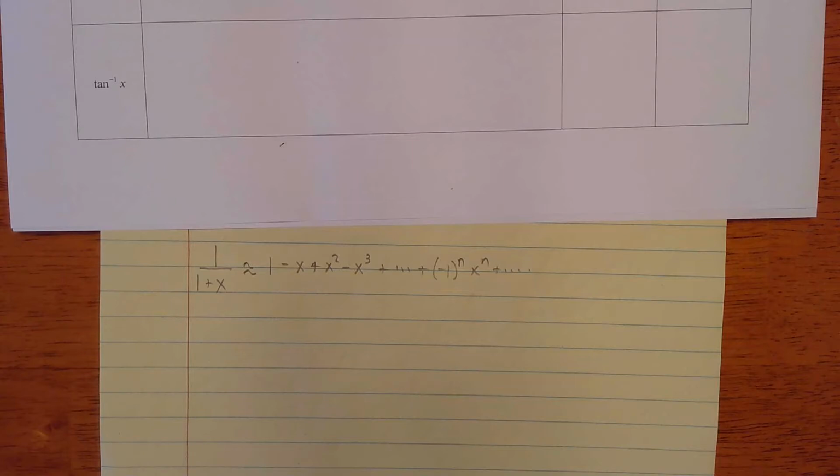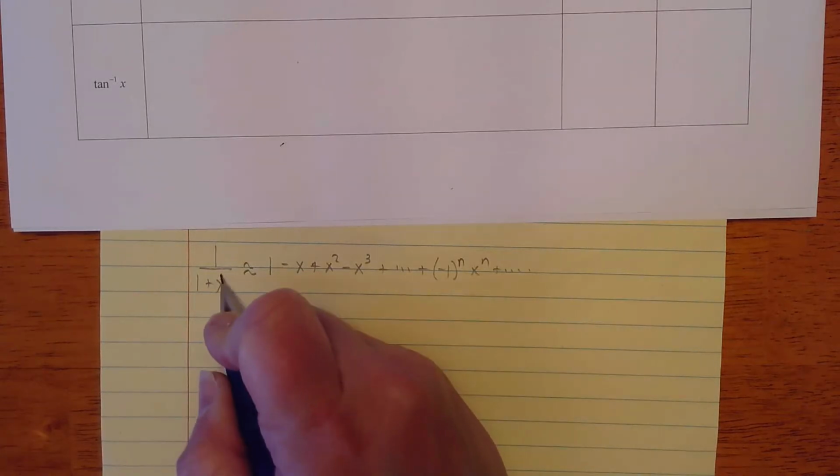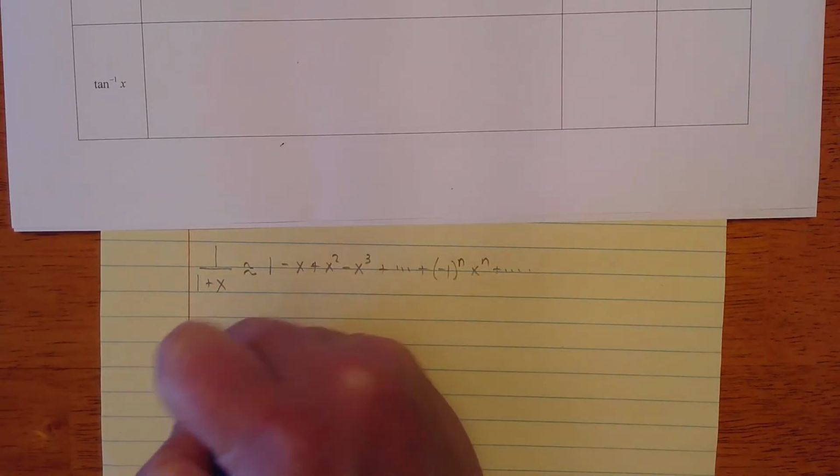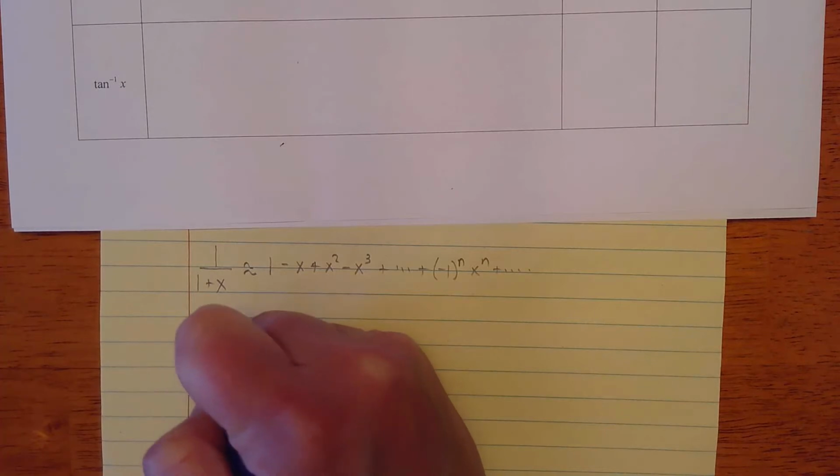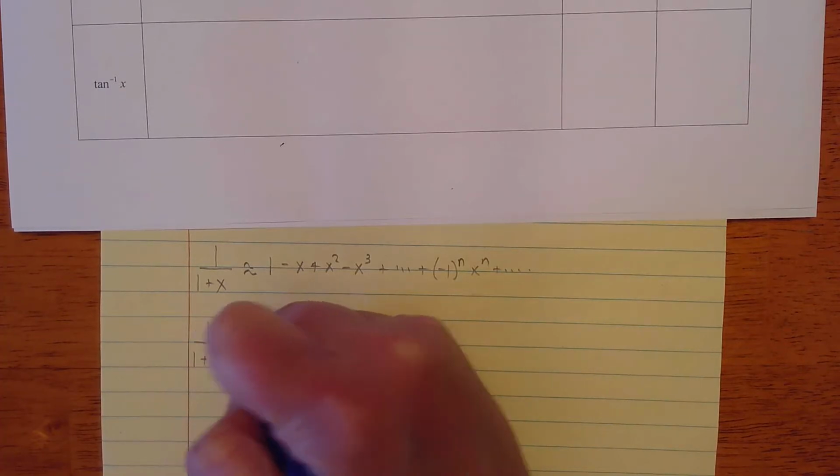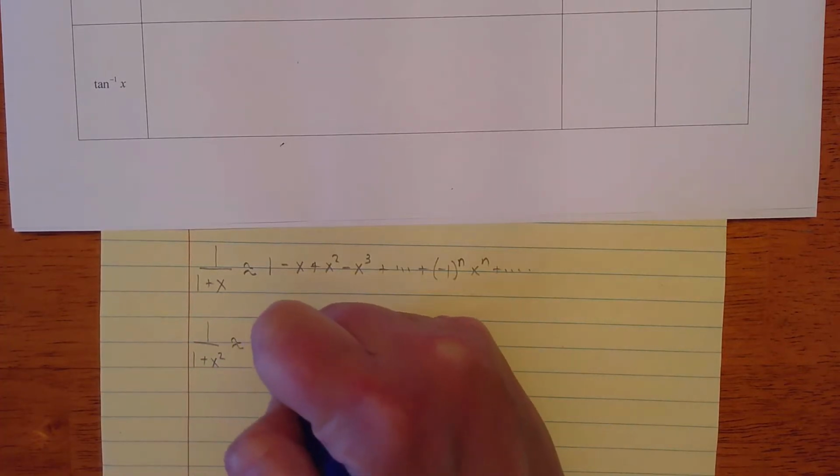We can manipulate these series in a lot of really, really cool ways. And I think I have to give Luke credit here. It was Luke that picked out, oh, if I make this x squared. So I can substitute in an x squared. So wherever I had an x, I'm going to put in an x squared.